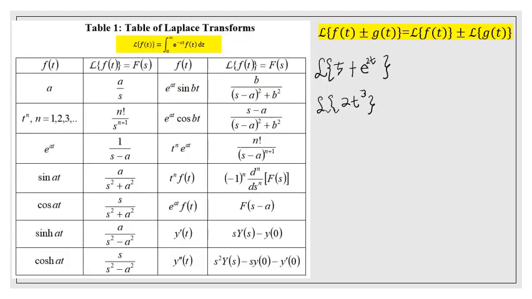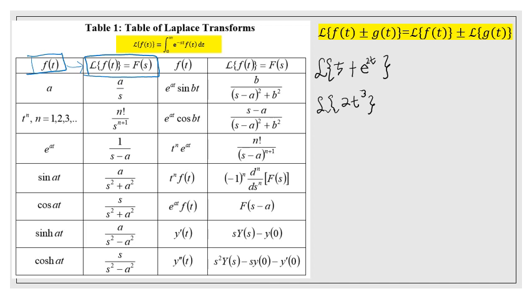Based on the definition of the Laplace transform, it can be summarized as given in the table of Laplace transforms here. For example, in this first column, we have f(t). The Laplace transform of f(t) is given by capital F(s).